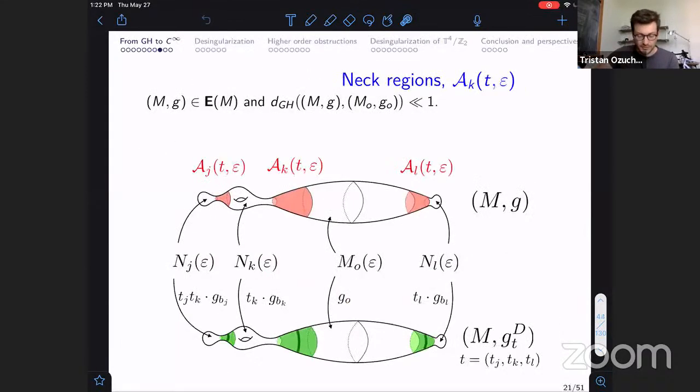And moreover, if you go a bit further, you know that this will also be true in all of these white regions. There will be a good correspondence between the white part on top and the white part in the bottom. And so the whole problem now becomes what happens in all of these neck regions, which I call A_k, for annulus, which are here, and we'd like to relate them to the green regions, which are essentially flat annuli.